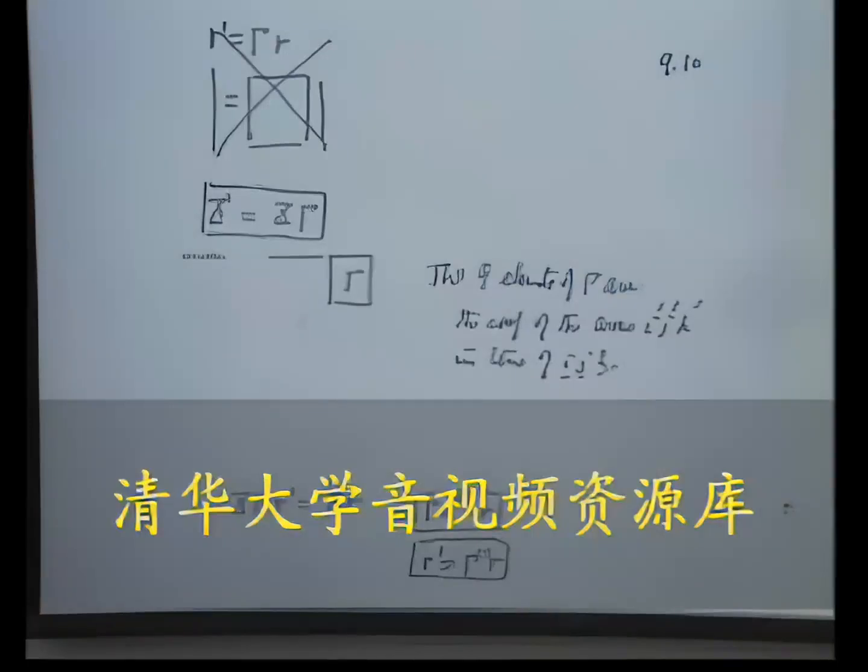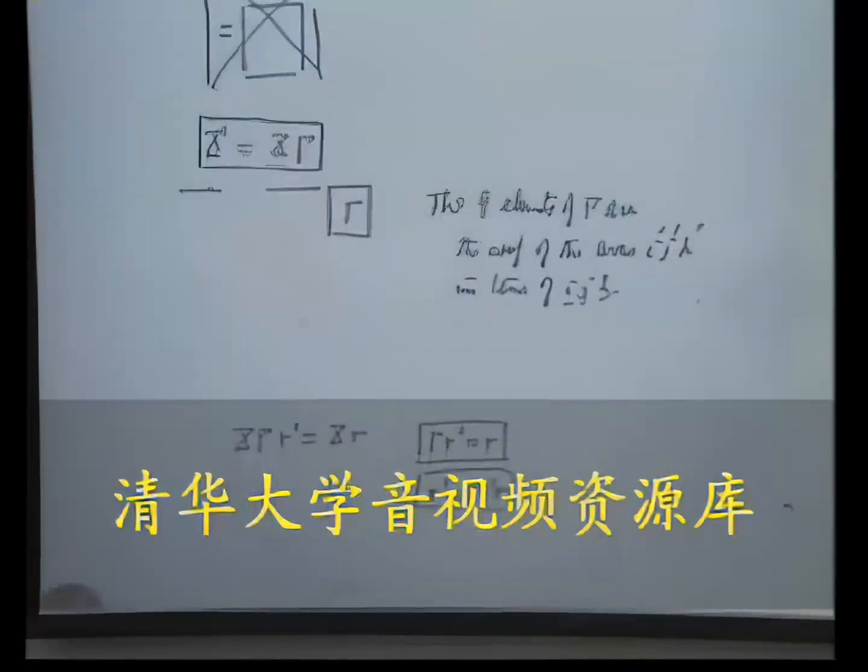Now, we know that r prime, that by definition is x prime squared plus y prime squared plus z prime squared.